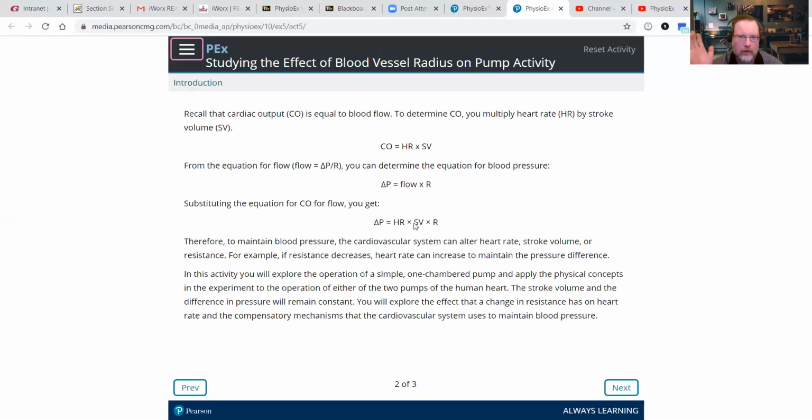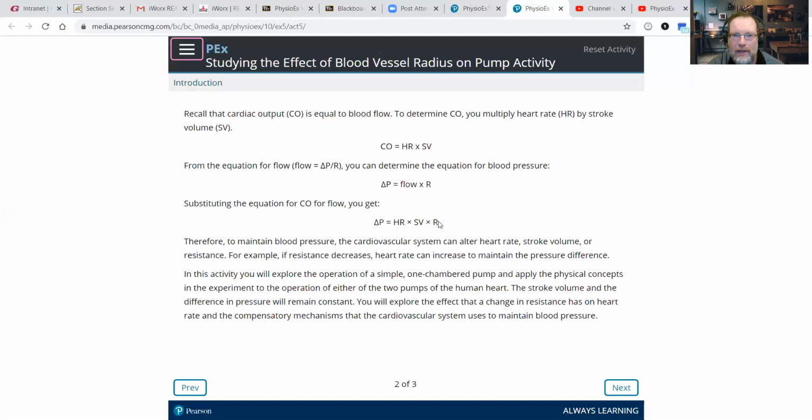I know whenever math equations and letters and numbers start getting thrown around, folks get a little antsy. All we've done is take heart rate times stroke volume, which gives us blood flow, and replaced the word flow with what flow is: heart rate and stroke volume.